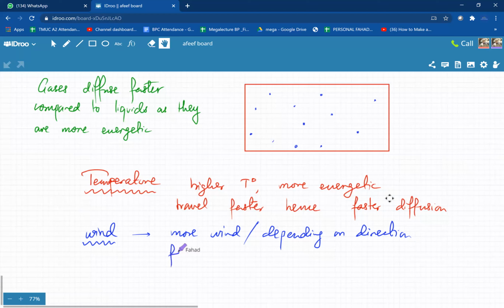And what's the other one? The size of the particles. If they're smaller, they'll spread out quicker. Okay, size of particles.